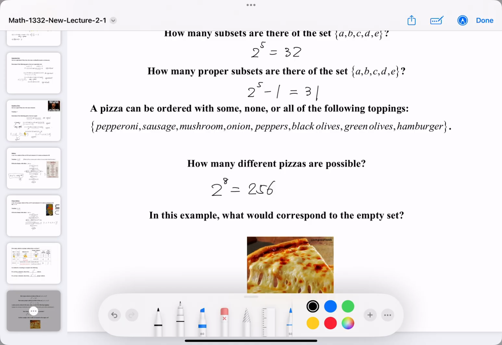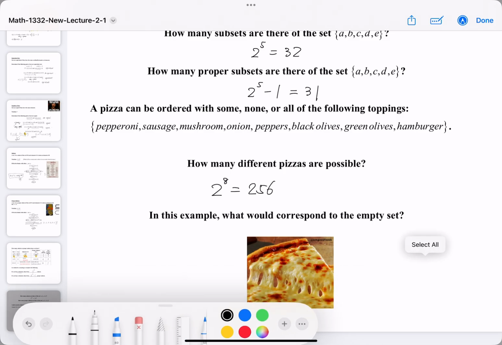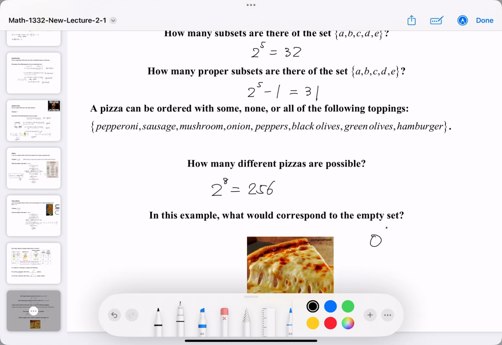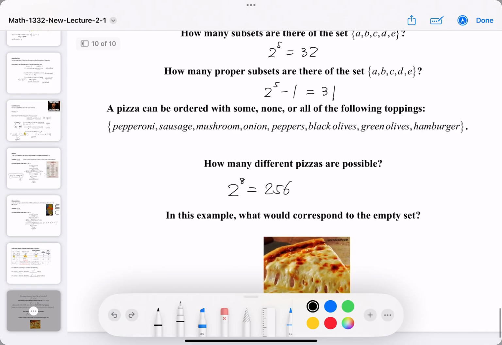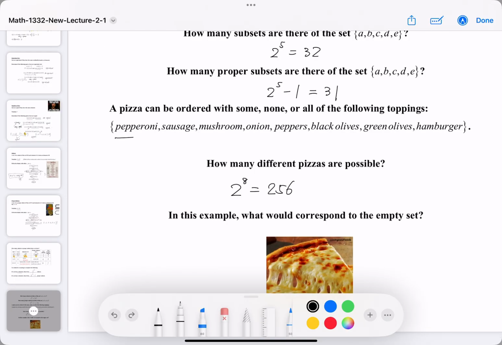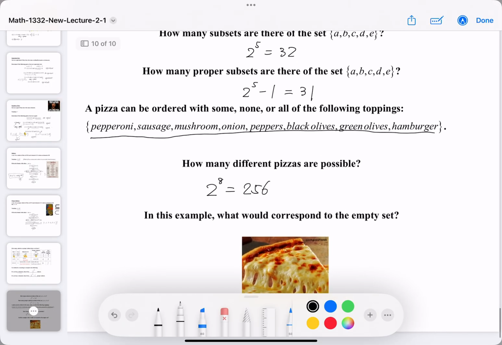In this example, what would correspond to the empty set? Empty set means nothing in the set. We have pepperoni, sausage, hamburger, a lot of toppings. But the only one we don't have is the cheese pizza.